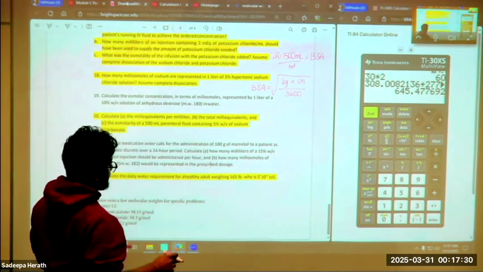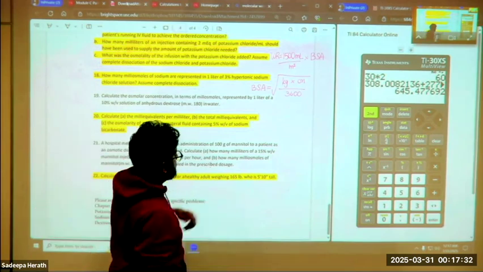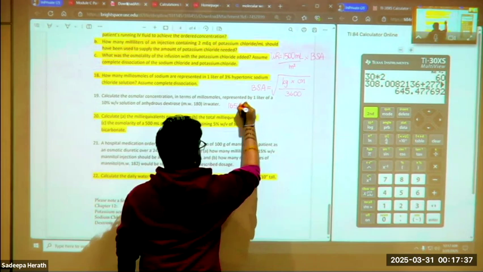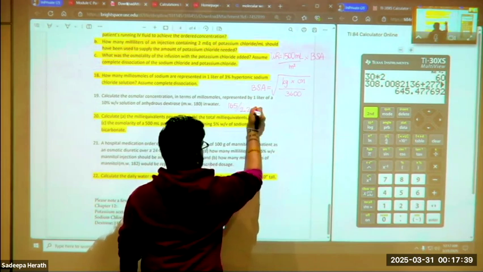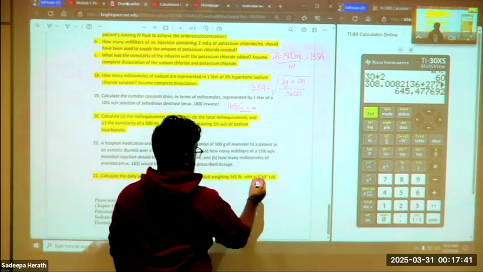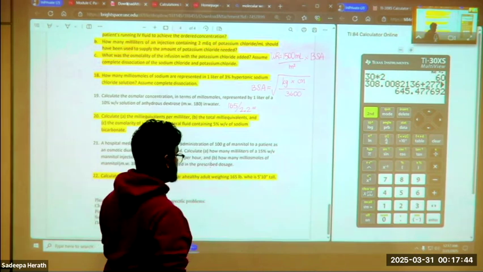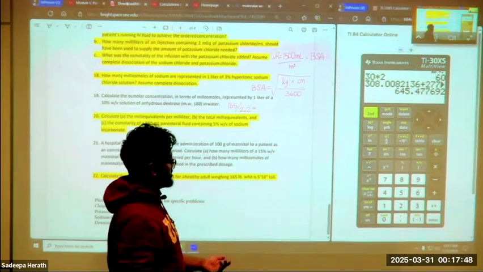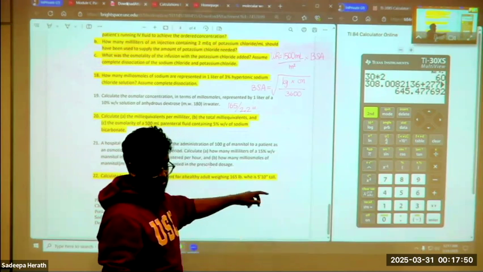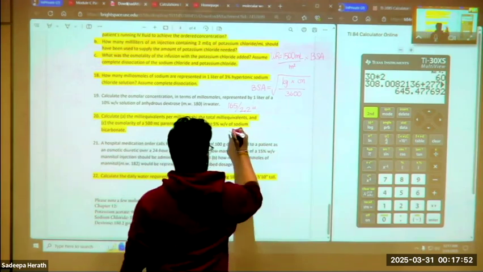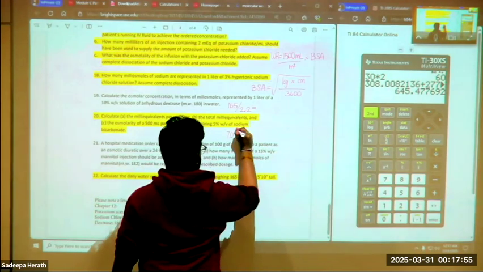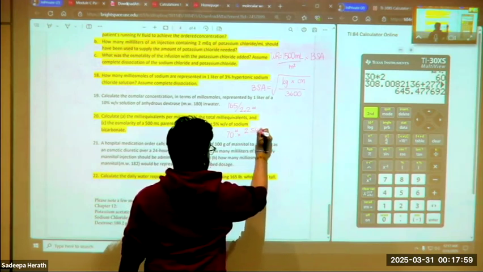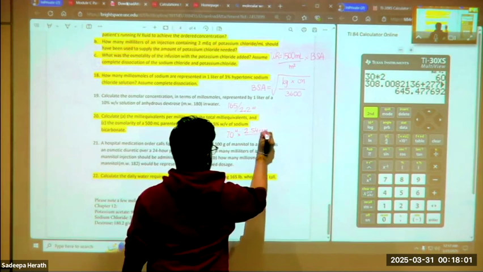So a couple conversions that we had to do first. 165 pounds divided by 2.2. That'll get us kilograms. And then 5'10". 5 feet, 12 inches per foot, that's 60 inches, plus another 10 inches, that's 70 inches. 70 inches times 2.54 centimeters per inch.